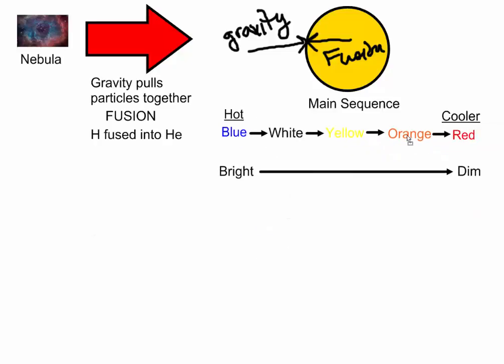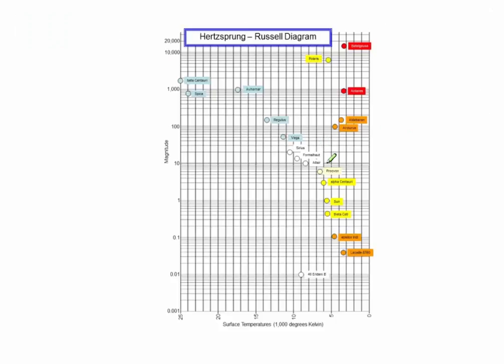During this time, the star starts out hot and bright and gradually moves white, yellow, orange, red as it cools down and becomes dimmer. If you were to look at a completed HR diagram, you would see that these main sequence stars are found in this band right here, beginning at the bright and hot stars up here as they're young, and as they age, moving down here towards the dimmer, cooler stars.